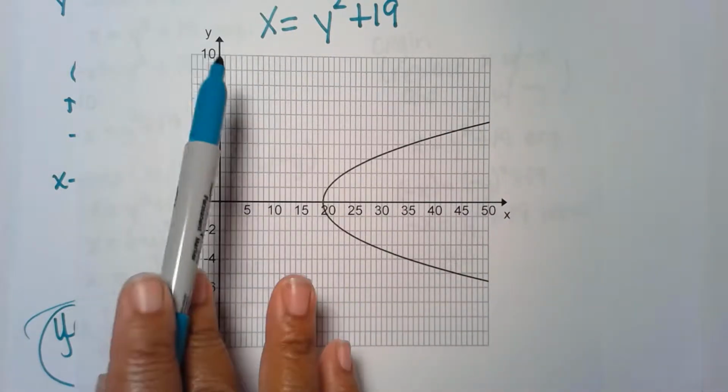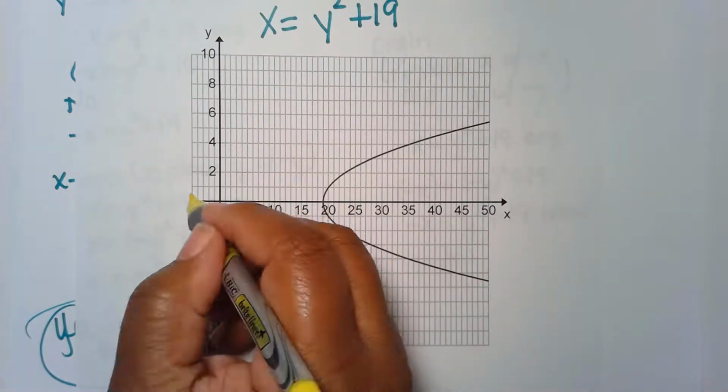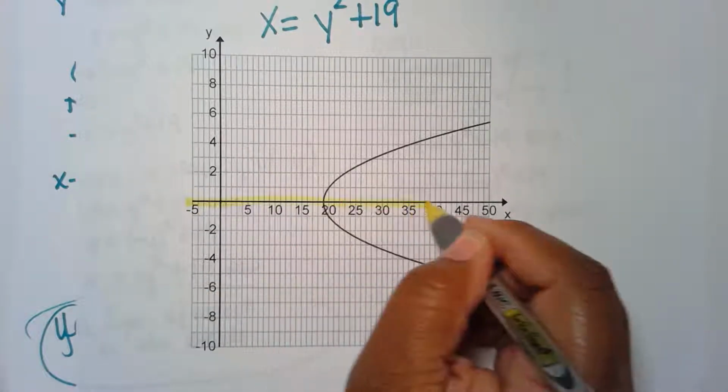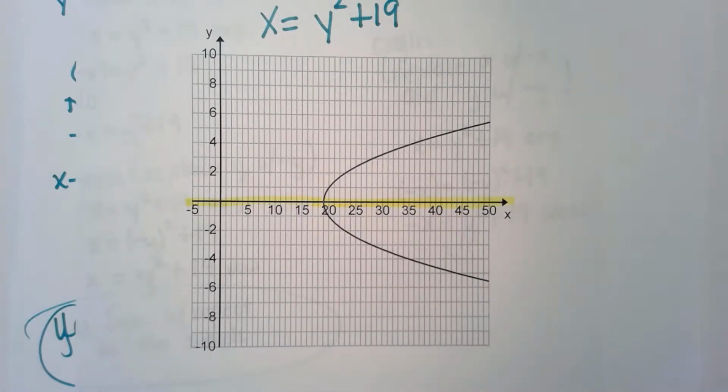Had the x been squared, then it would have been opening upward. And look at your x-axis. If you fold along the x-axis, the points that we identify above and below the x-axis are going to match.